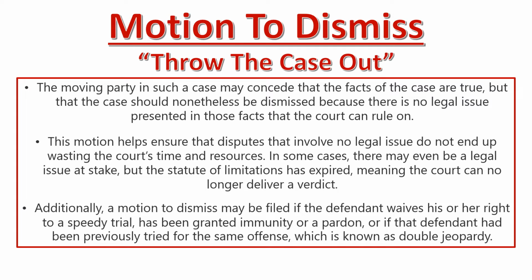In some cases, there may even be a legal issue at stake, but the statute of limitations has expired, meaning the court can no longer deliver a verdict. Additionally, a motion to dismiss may be filed if the defendant waives his or her right to a speedy trial, has been granted immunity or a pardon, or if that defendant had been previously tried for the same offense, which is known as double jeopardy.